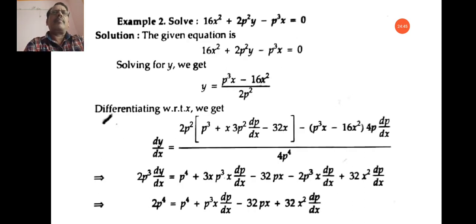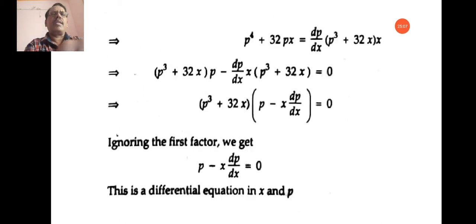And the second problem is 16x square plus 2p square y minus p cube x equal to 0. Express the given equation as y equal to p cube x minus 16x square by 2p square. This is a quotient, so we apply the quotient formula for differentiation to get dy by dx, and on simplification we get p cube plus 32x into p minus x into dp by dx equal to 0.